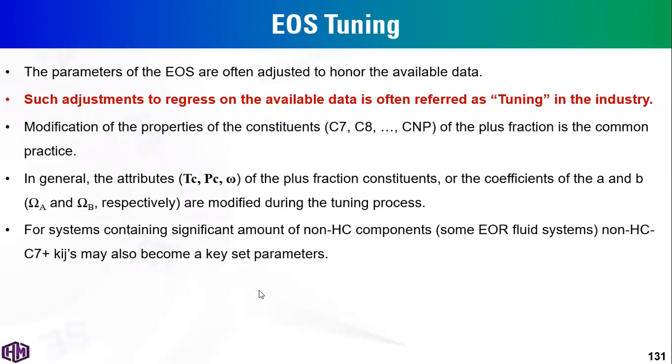And also if we have significant non-hydrocarbon compounds like CO2 or N2, nitrogen or carbon dioxide, we can change the KIJ, which is the binary interaction coefficient between these parameters and different components in the fluid system.